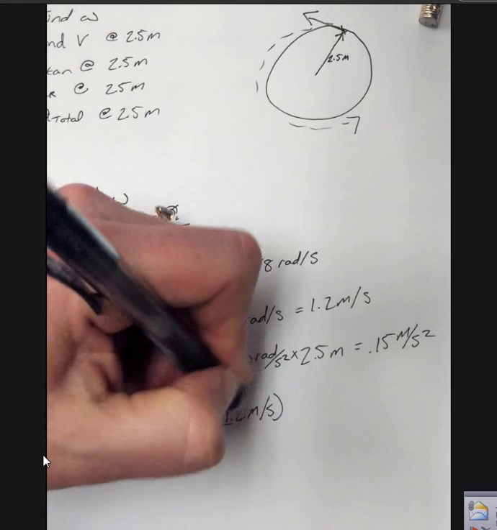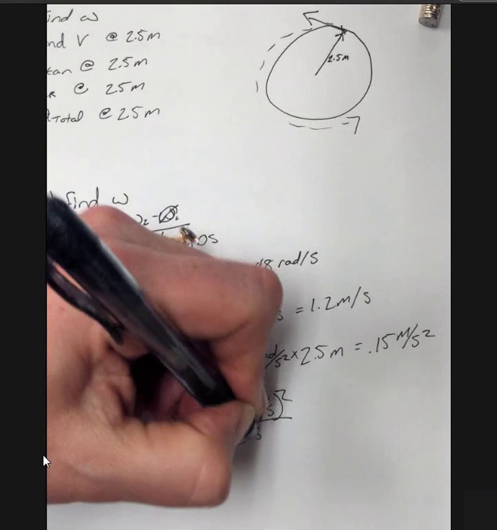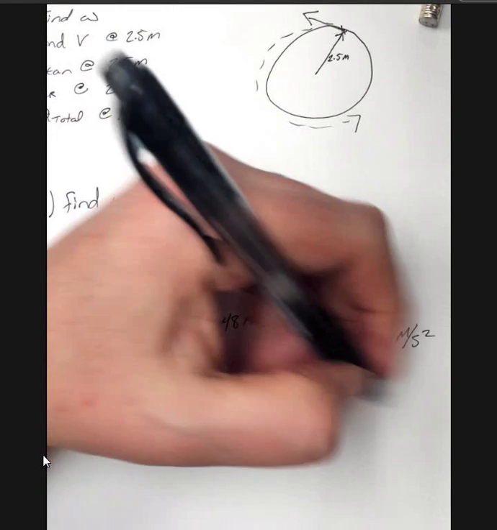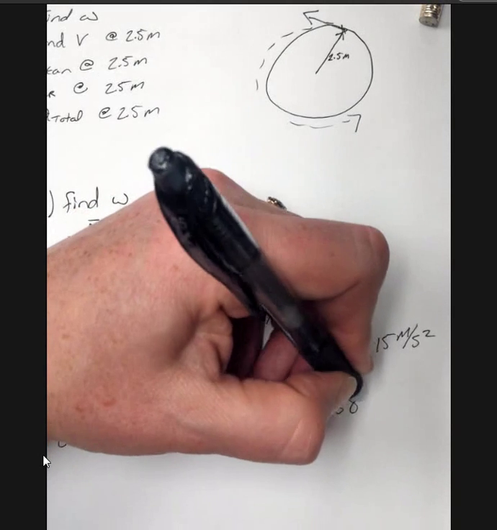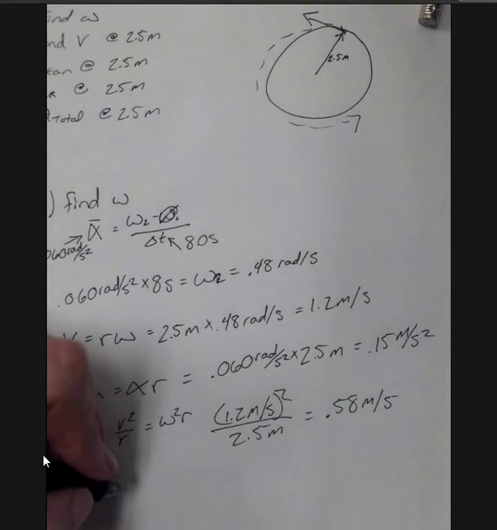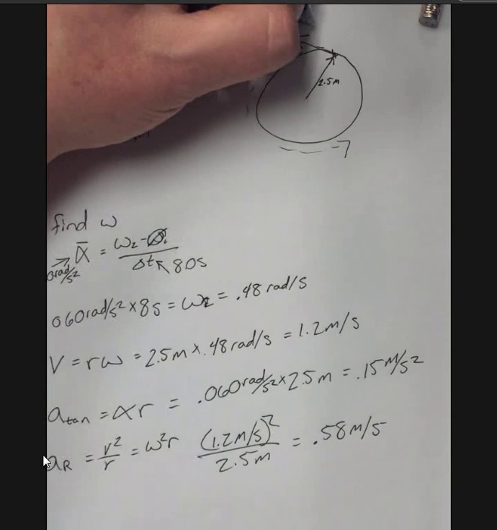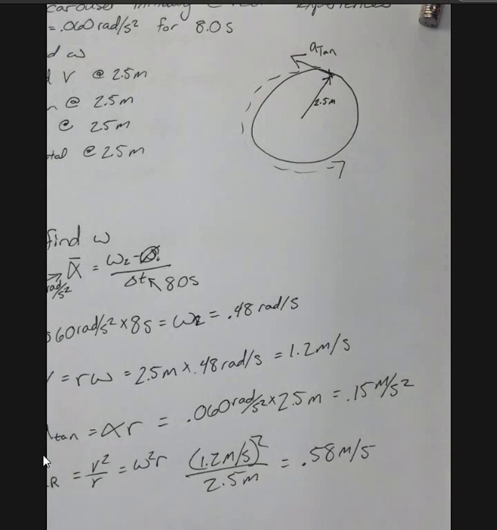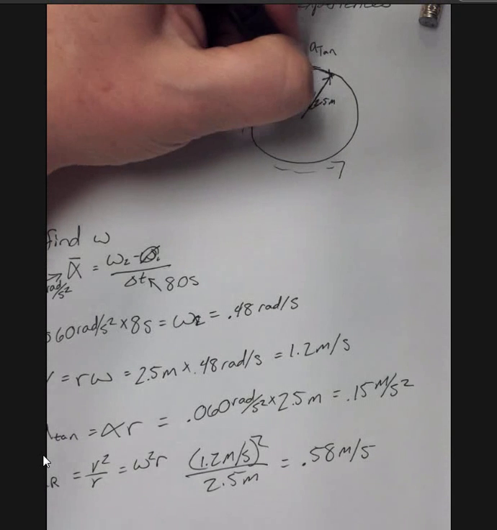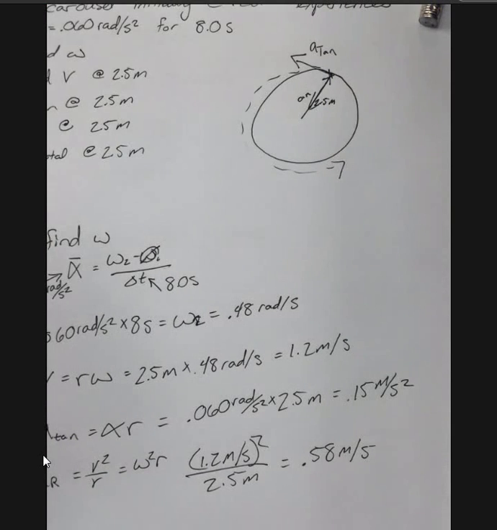I'm going to square that and divide it by a radius of 2.5 meters, and we end up with a centripetal acceleration of 0.58 meters per second squared. Now remember, the total acceleration is the acceleration tangentially that caused the horse to speed up, and the acceleration radially or centripetally that caused the object to move in a circle.